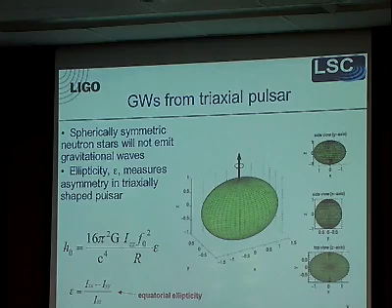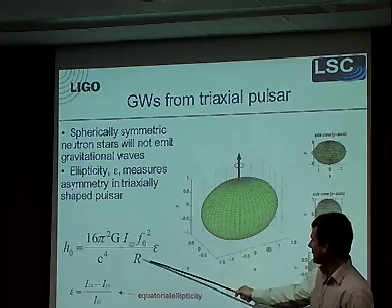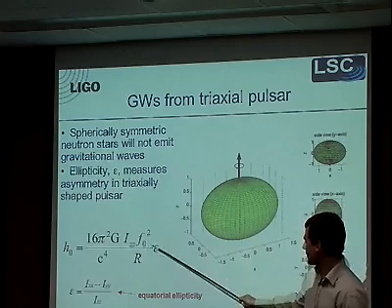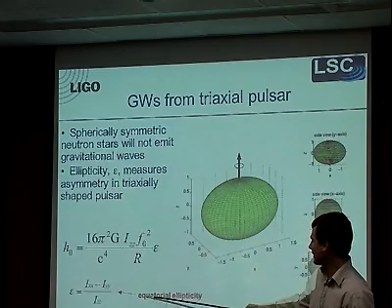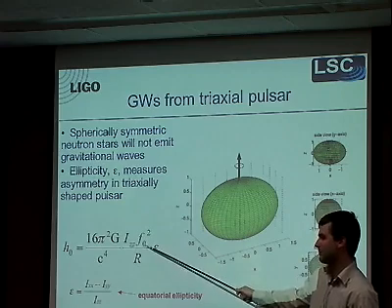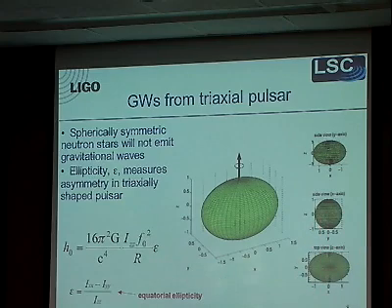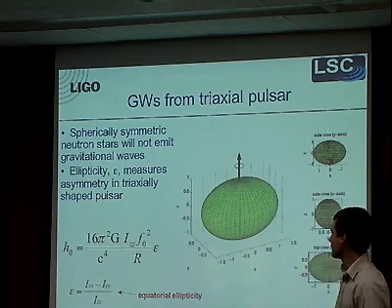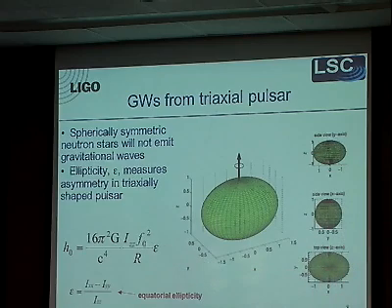So we define the gravitational wave amplitude as this, where epsilon here is the equatorial ellipticity, and this is the maximum strain we could measure for an optimally oriented neutron star. So it's proportional to f0 squared, where f0 is the frequency of the pulsar. Most of the pulsars we're looking at are high frequencies.